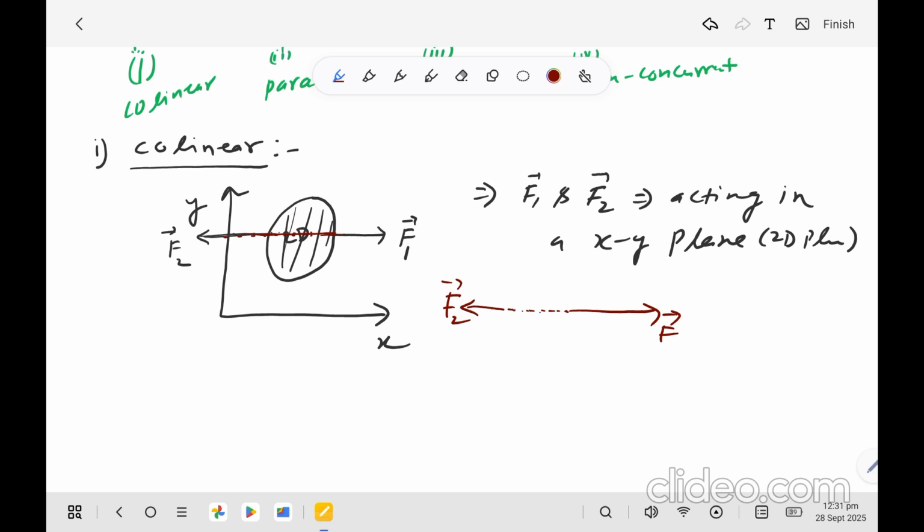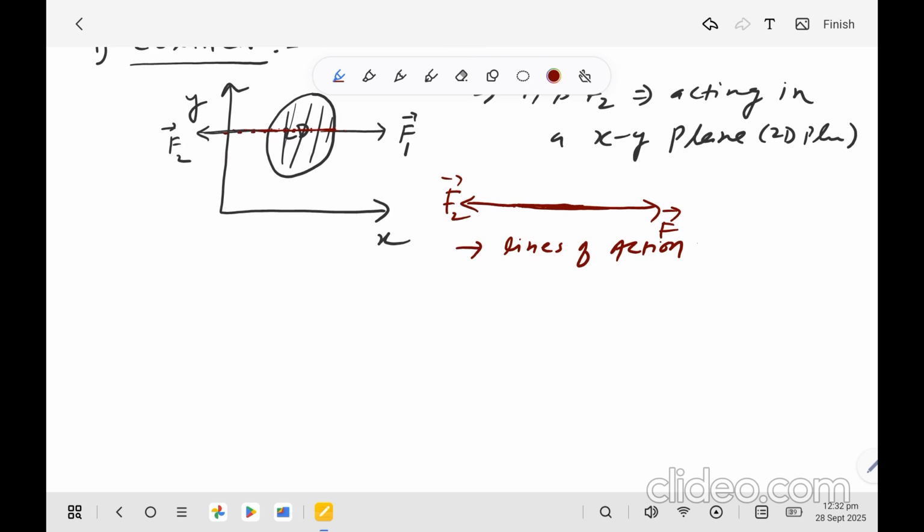So when the lines of action of these forces are along the same line, it means the line of action of F1 and the line of action of F2 are both on the same line.